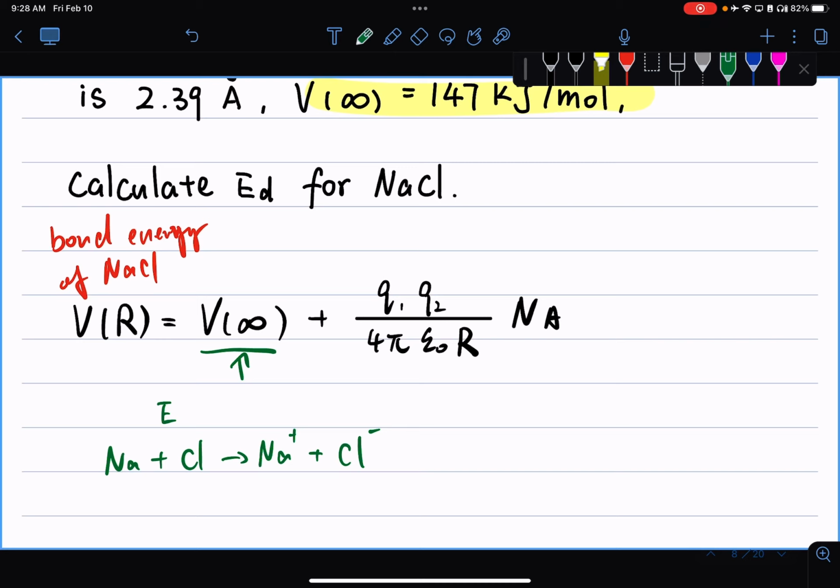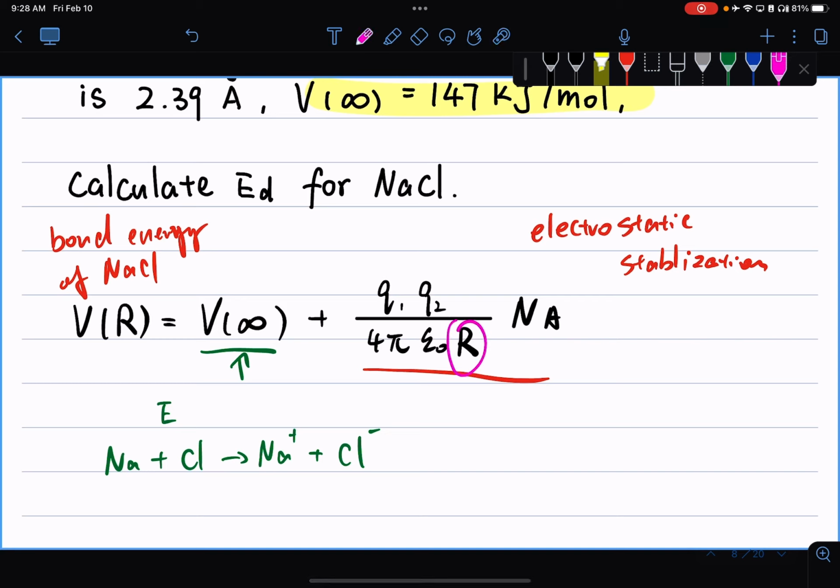And then when the sodium plus and chloride minus meet each other, they have the electrostatic stabilization. That electrostatic stabilization, or Coulomb's force, is inherently there when you're bringing two charged particles together. So Q1 and Q2 are the charges of my sodium plus and chloride minus, that's a constant, and R is our bond length. And here, that's our Avogadro constant.